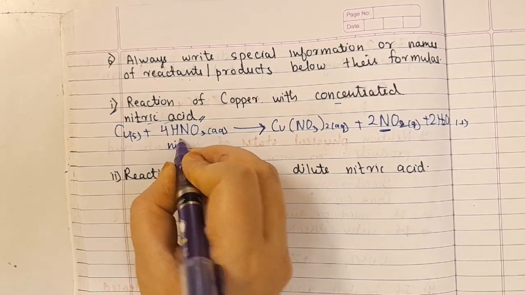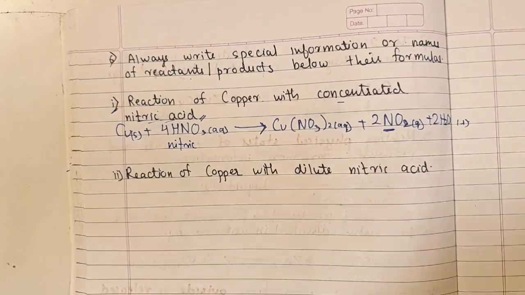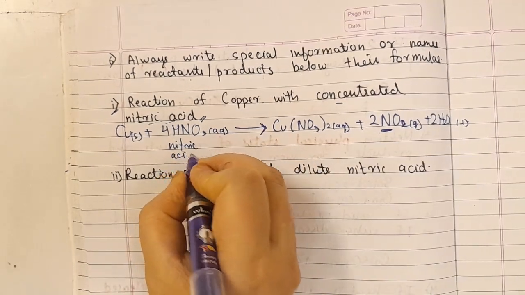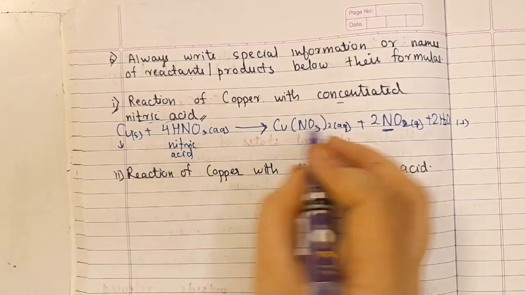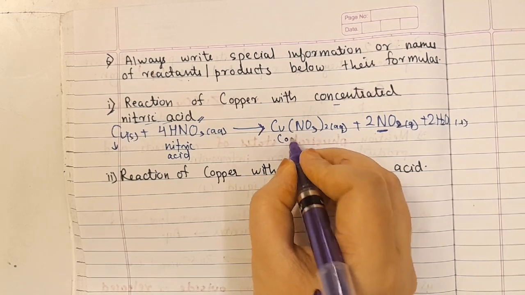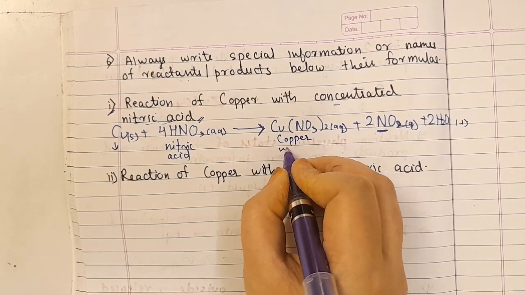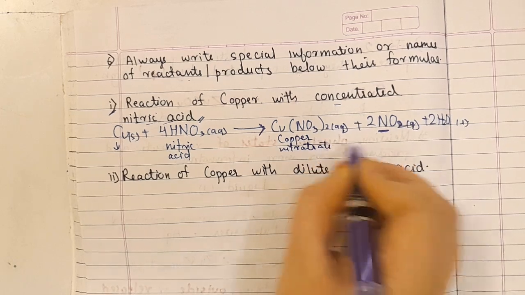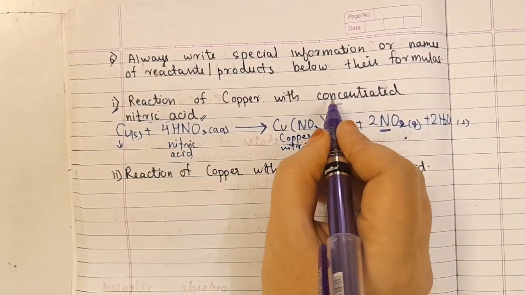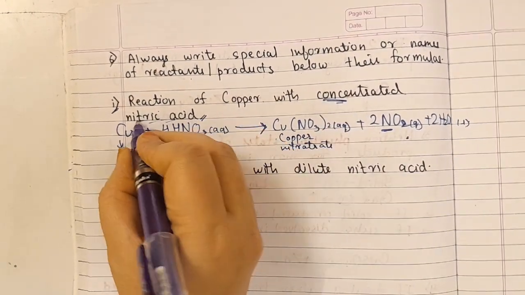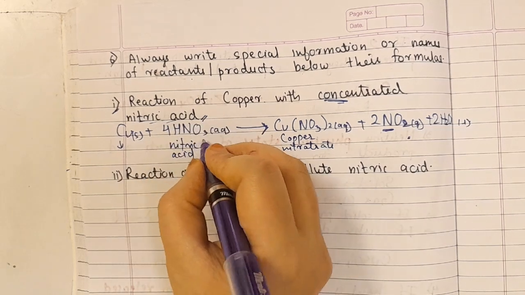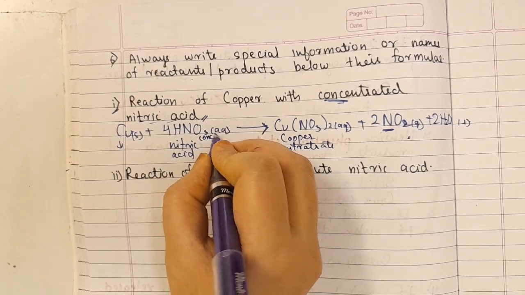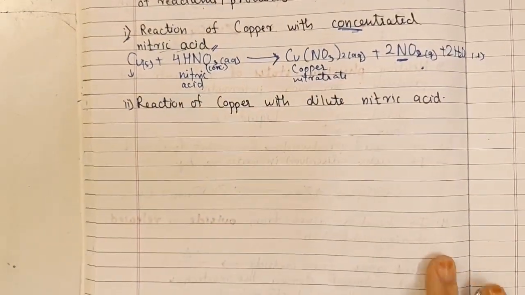Here I am writing nitric acid, this is copper, and you can write copper nitrate here. This is nitrogen dioxide. This reaction is with concentrated nitric acid, and for concentrated acid we can write CONC also, meaning it is concentrated.